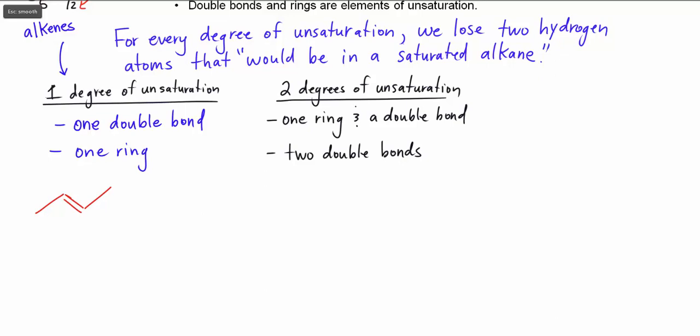I could also have a ring structure, cyclohexane, and this also constitutes 1 degree of unsaturation.